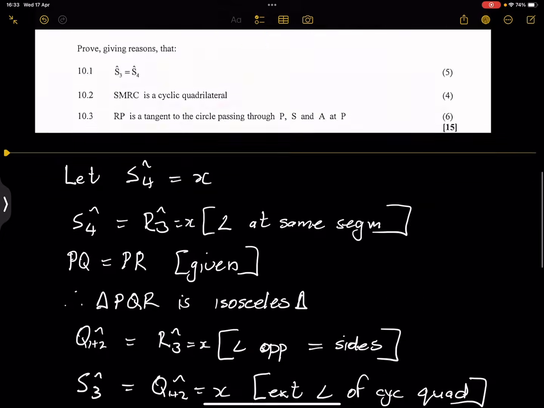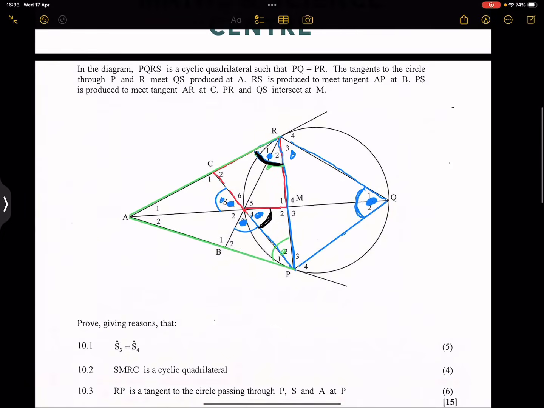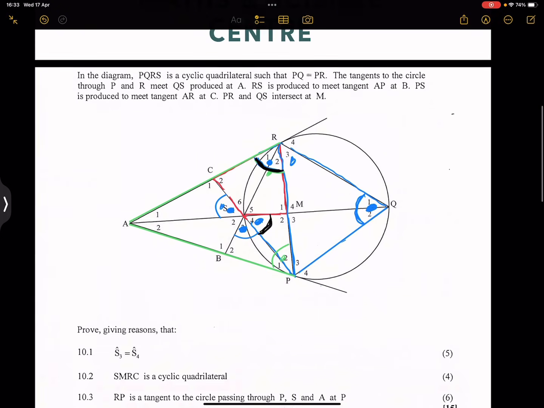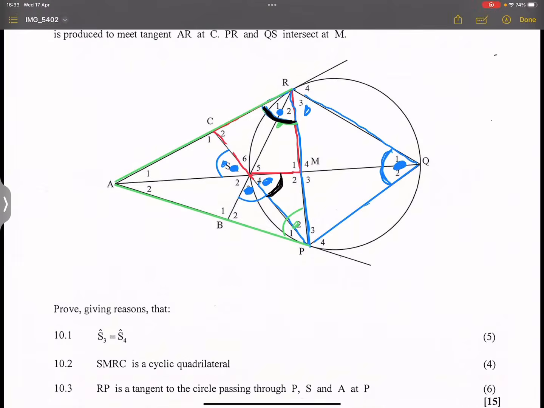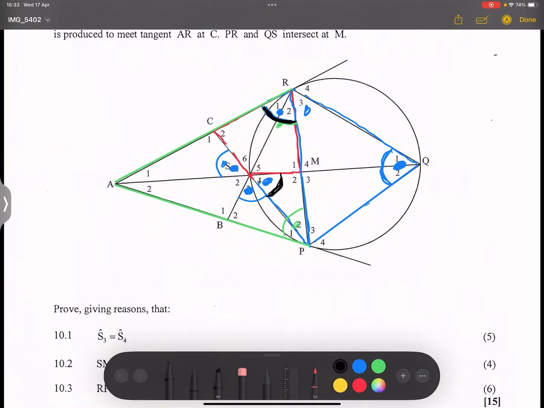I hope that makes sense, guys. And please note, once you prove that something is a cyclic quad, we can actually use the fact that it is a cyclic quad to prove the next point.